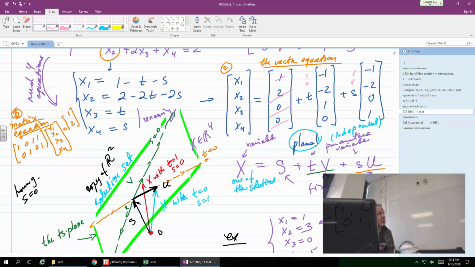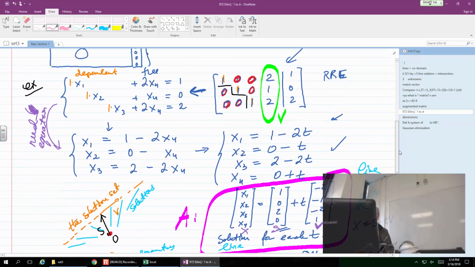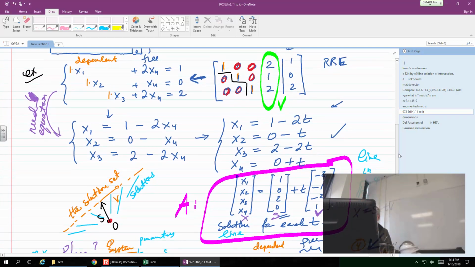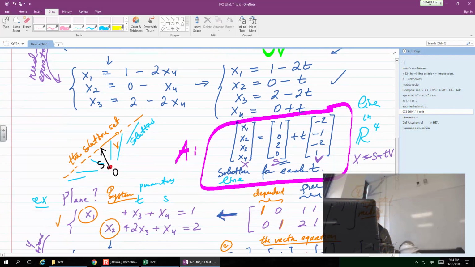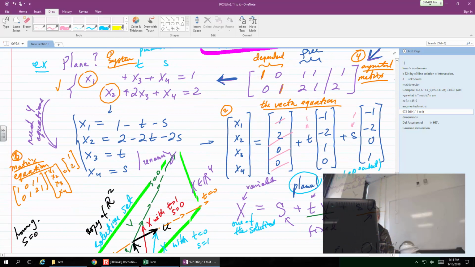Because the augmented matrix, which we are coming from, will have zeros over there. The augmented matrix is in the reduced row echelon form, visible here, which means that x3, x4 are the free variables.